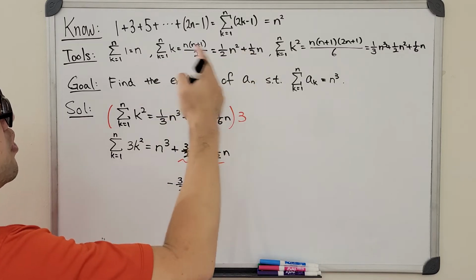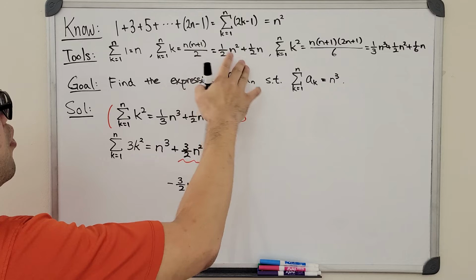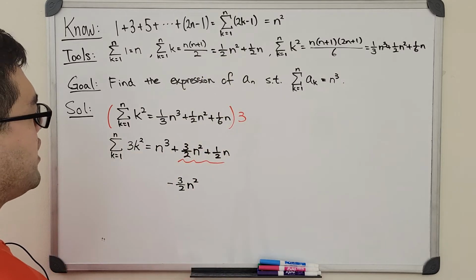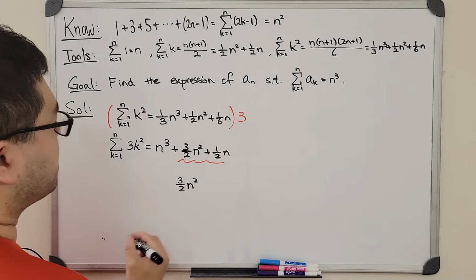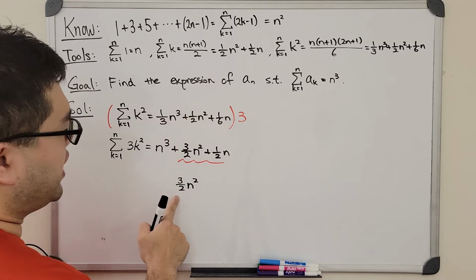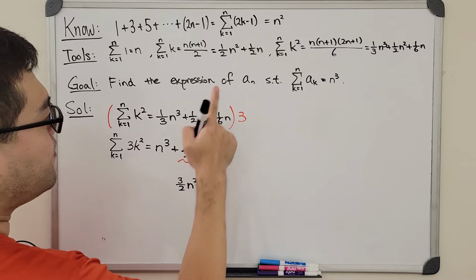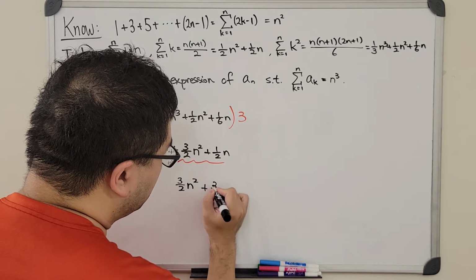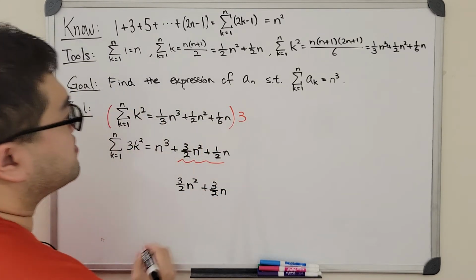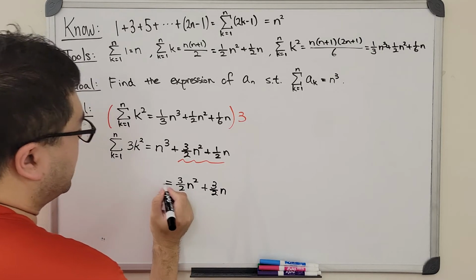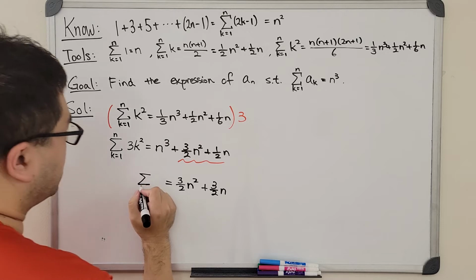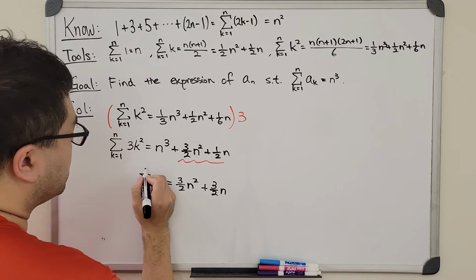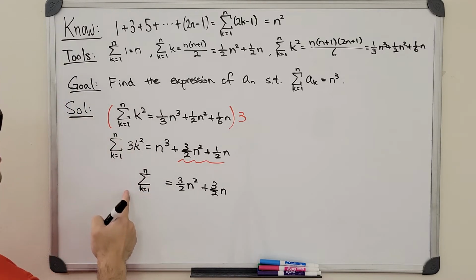Of course, we are going to multiply both sides by 3, so that the right-hand side will become 3/2 n squared plus 3/2 n. And don't forget, if we multiply the right-hand side by 3, we need to do it on the left-hand side as well.